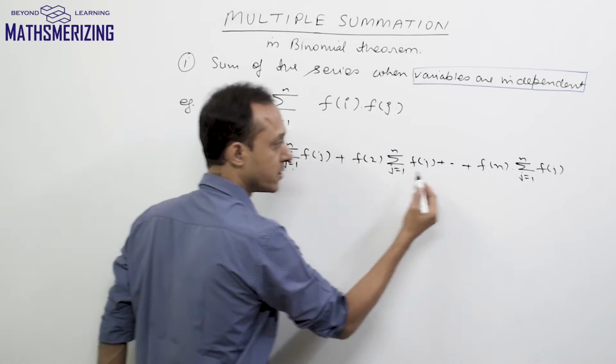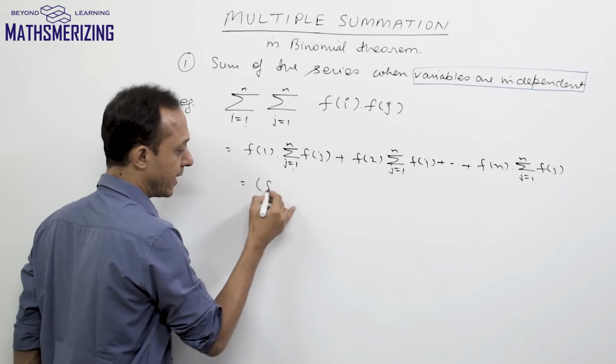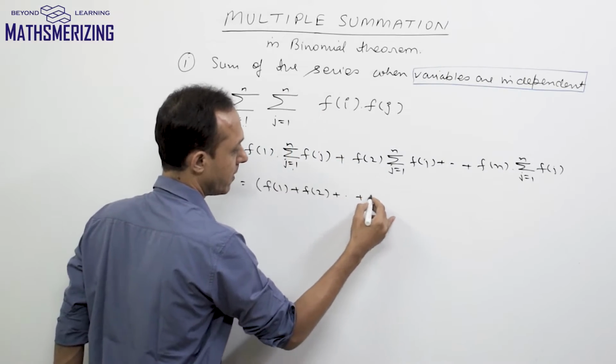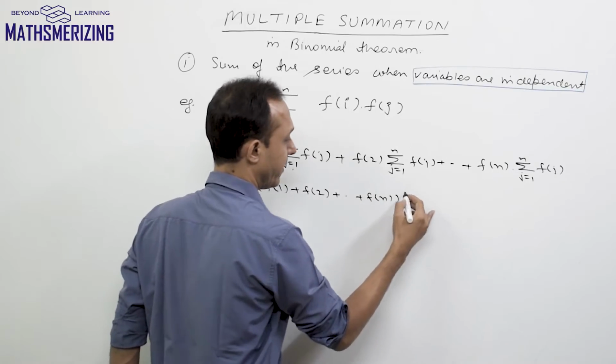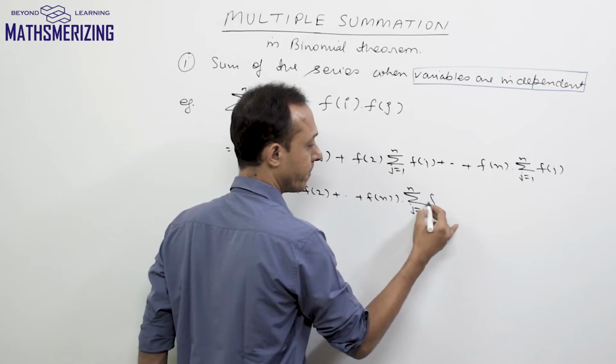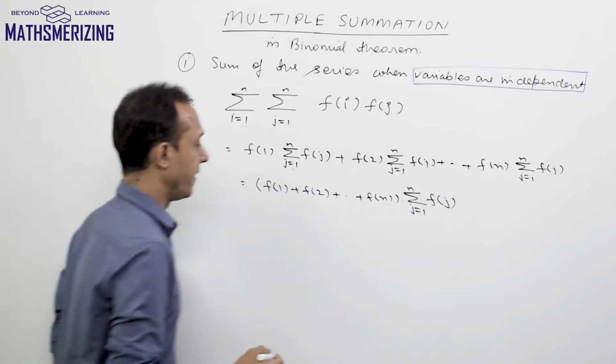Now I can take this expression common. So if I take it common, I'll get f1 plus f2 plus up to fn, and then the summation j varies from 1 to n of fj.